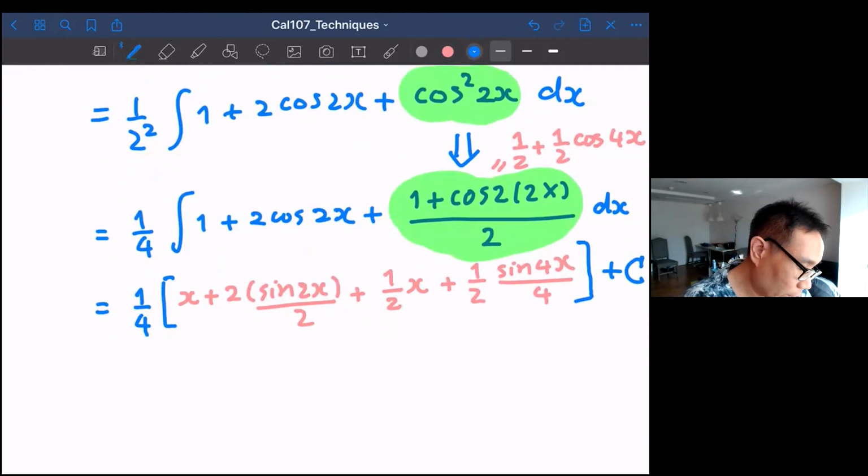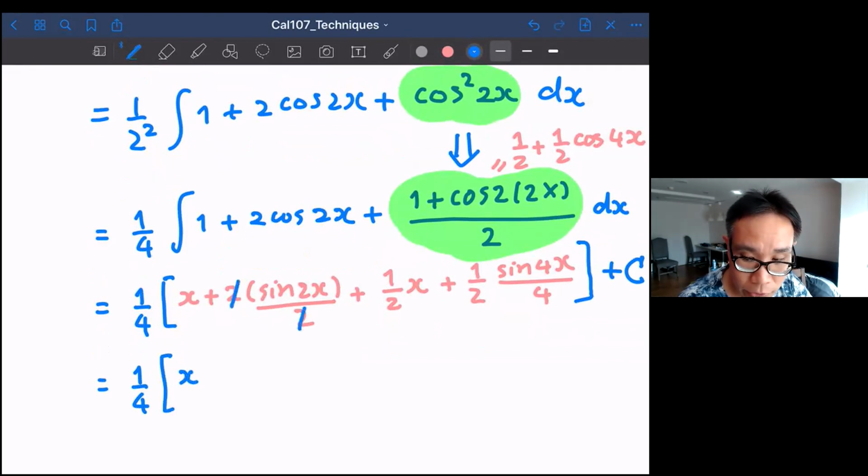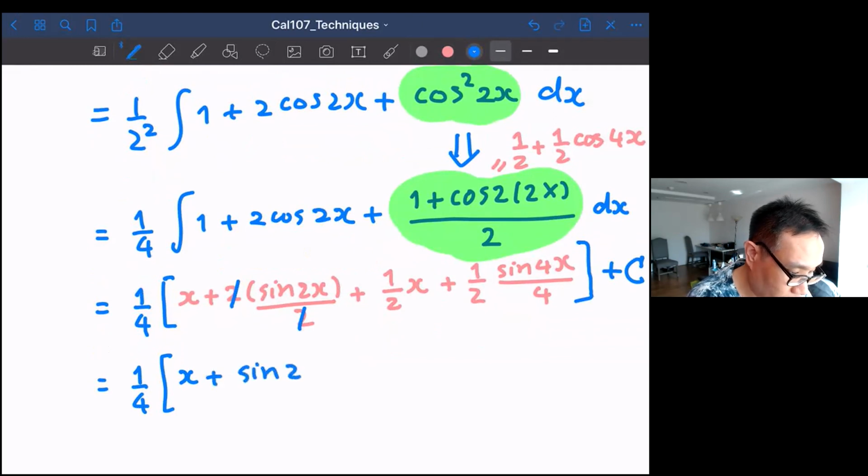And then you're going to have your final answer. So it's going to be x, and the 2s cancel each other. So you get plus sine 2x, and you see that you have another 1/2 x. Let's combine. So it's going to be 3/2 x plus sine 2x.